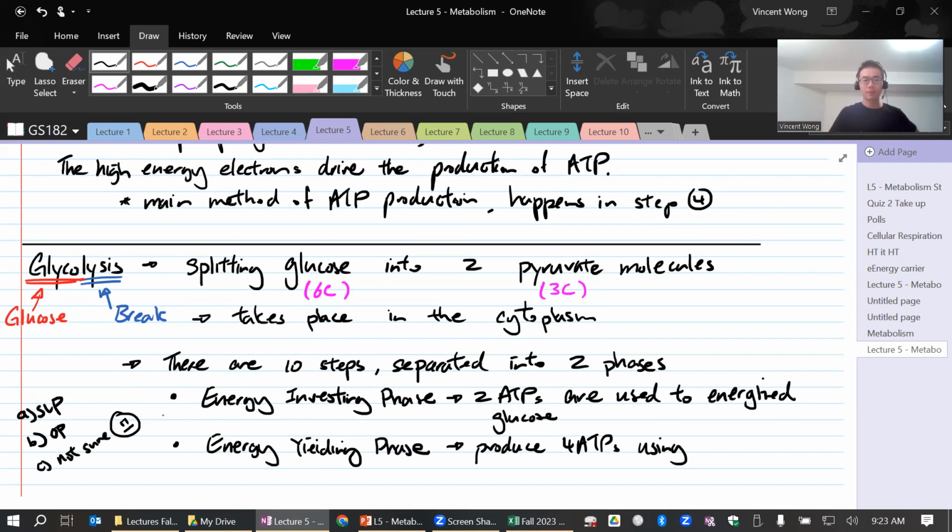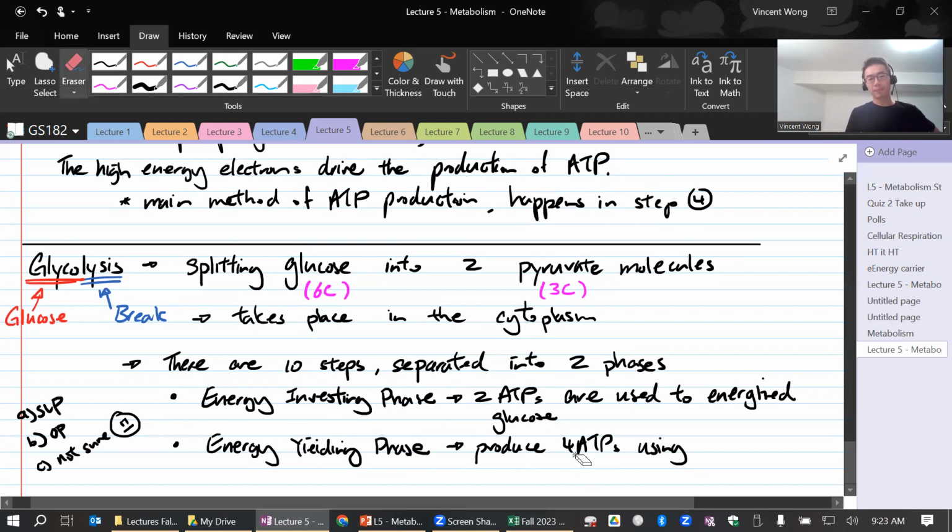In case you missed the question, I am asking, in glycolysis, we will be producing 4 ATPs. Are these ATPs produced through SLP, substrate level phosphorylation, or is it oxidative phosphorylation? Or are you not sure?